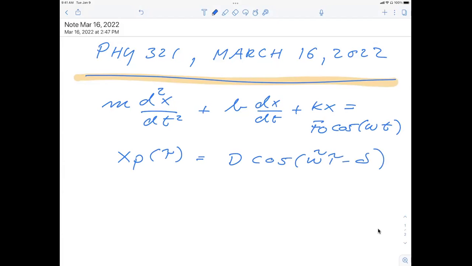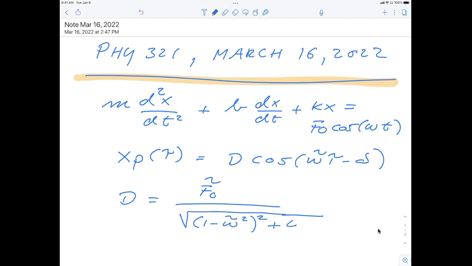Now, this quantity D for this specific case, so keep in mind that this applies to this specific case, is something which we rewrote in terms of this F tilde, and it was given by a denominator which has (1 minus omega tilde squared) squared plus 4 times omega tilde squared and a parameter gamma.